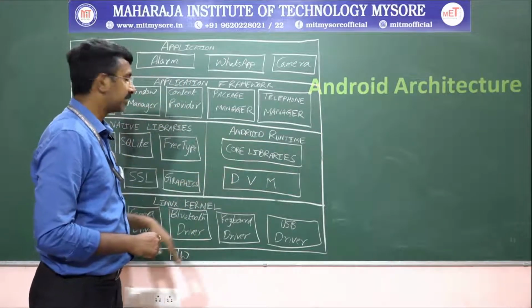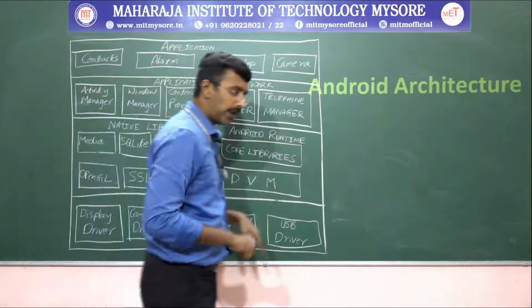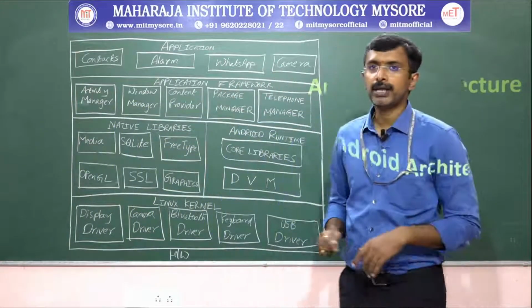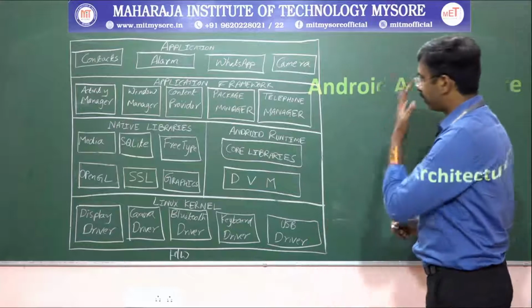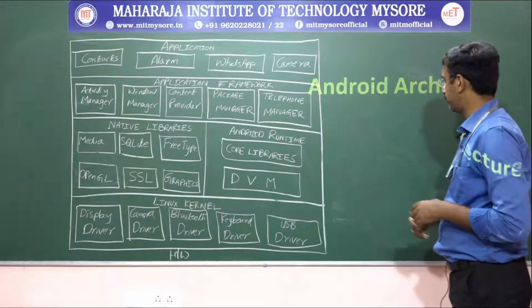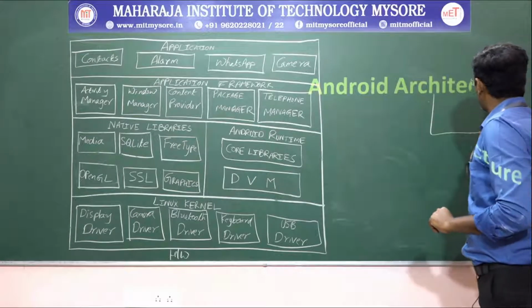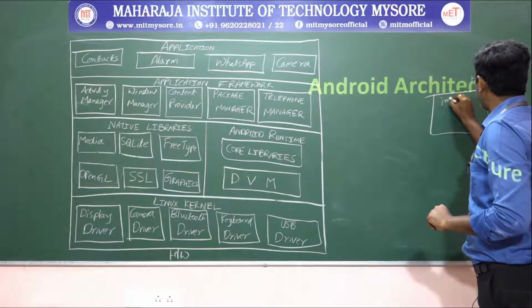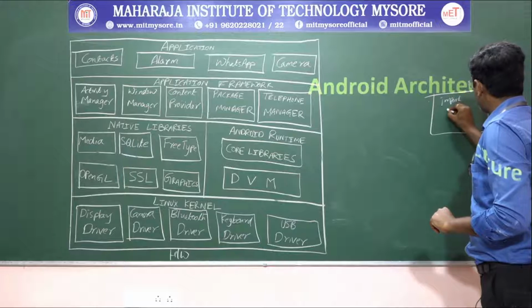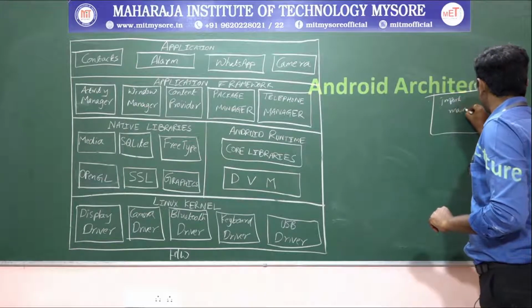The core libraries which we say I have to talk about here. What do you mean by a DVM or a JVM, or what do you mean by Android runtime? In simple terms, I'll tell you. You will be writing code, say Java import, and you'll be writing some main function.